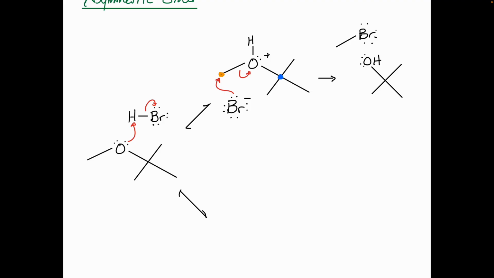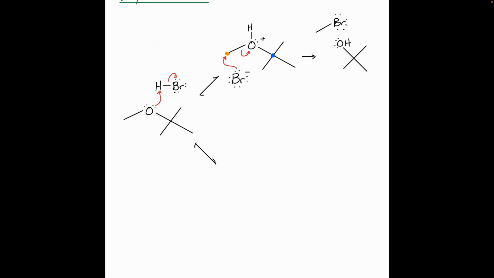Or if I took that same intermediate and that same bromide nucleophile, but instead had it attack the other side, now my product would be a 1 carbon alcohol and a 4 carbon alkyl halide.